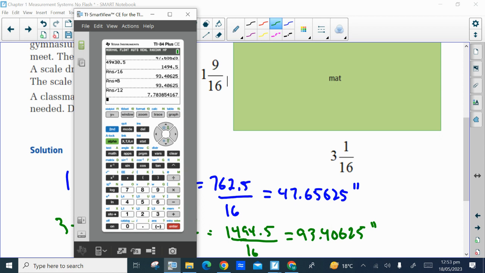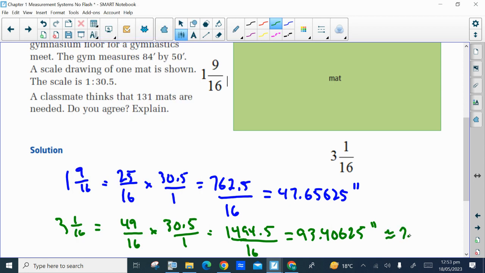So that will round to 7.78 approximately, but I'm going to now store this into memory slot B. 7.78 feet approximately. So that's the actual width of the mat in feet.